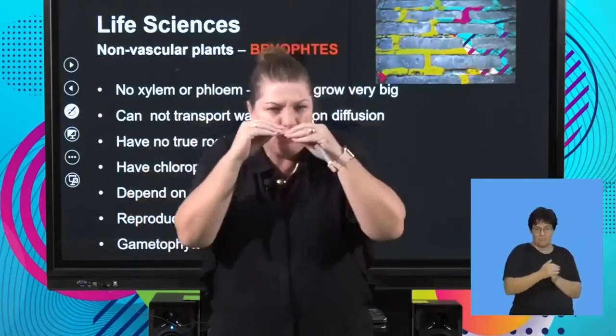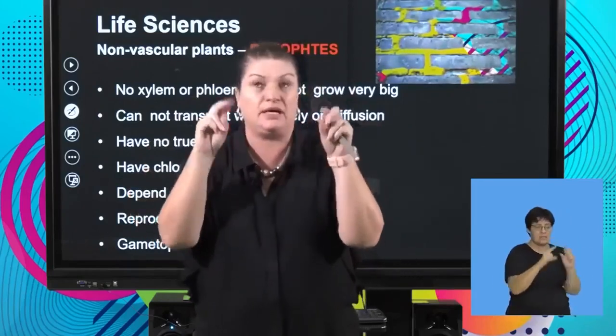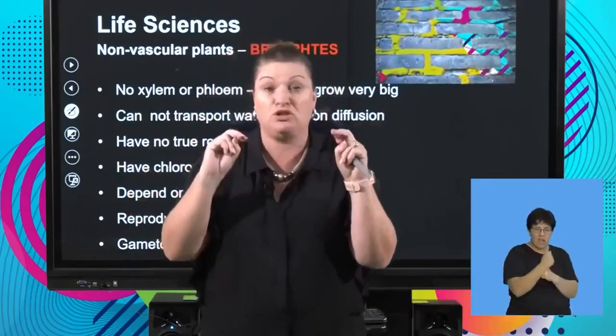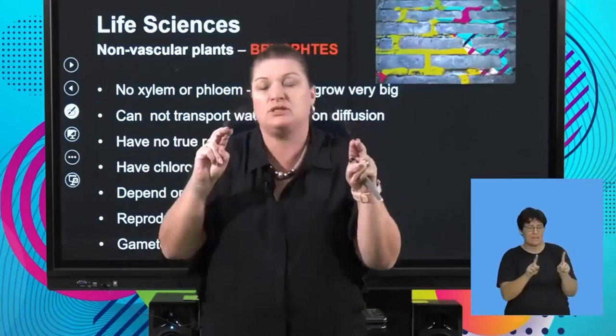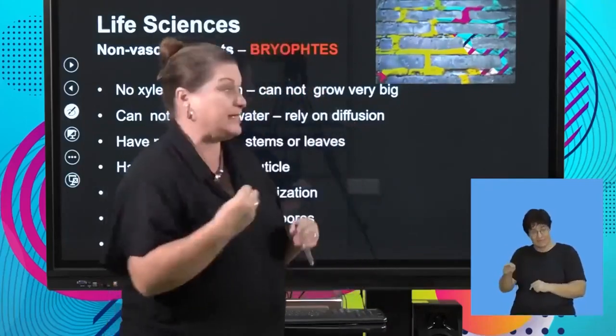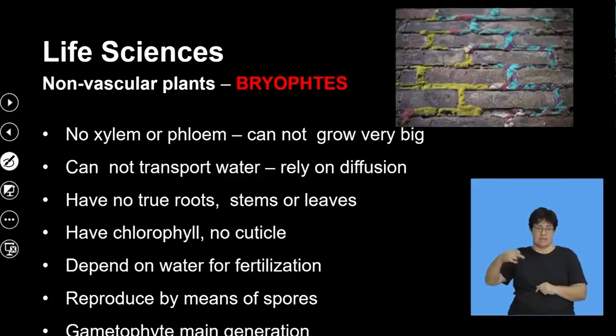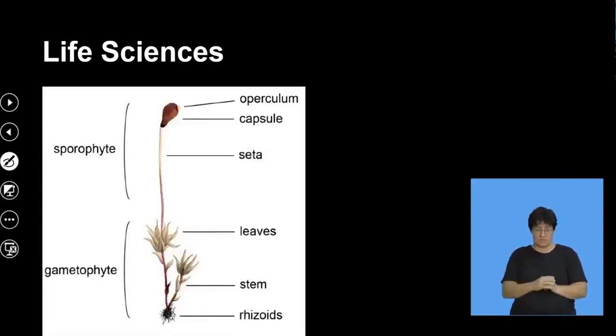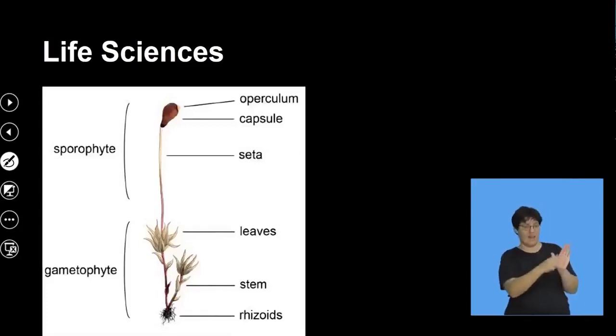I don't have roots or stems or leaves. I have stem-like structures and root-like structures. And in the moss plant, my dominant generation is the gametophyte. Now I want you to have a look at the moss. This is the diagram that you'll need to be able to study and learn.